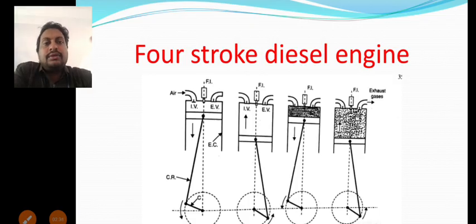The piston moves up and down in a to-and-fro motion, reciprocating in the engine cylinder. During the suction stroke, the piston moves from top dead center to bottom dead center.